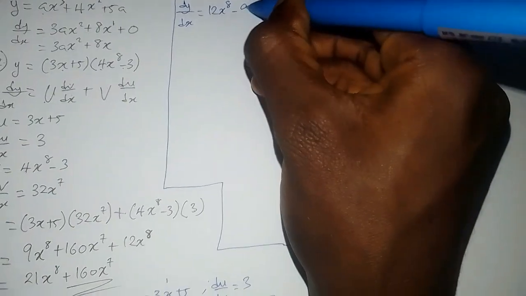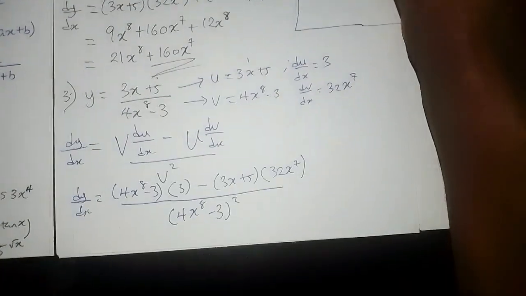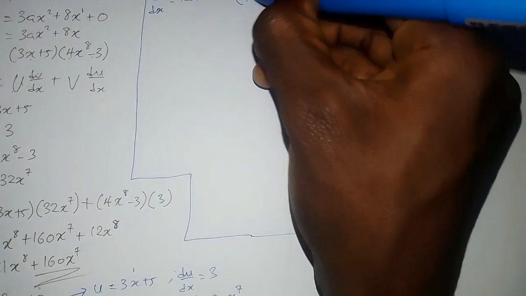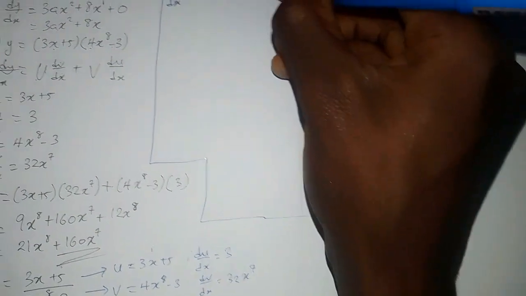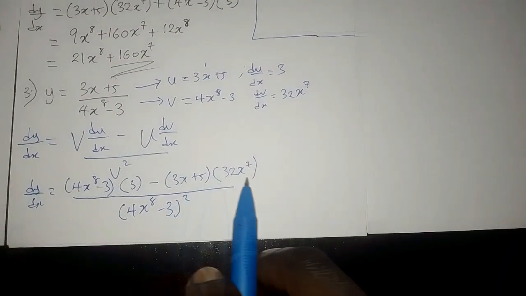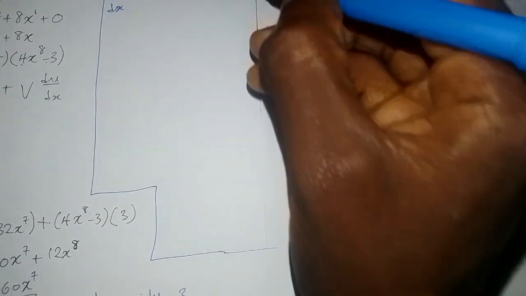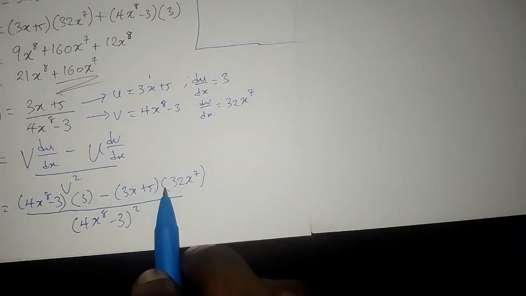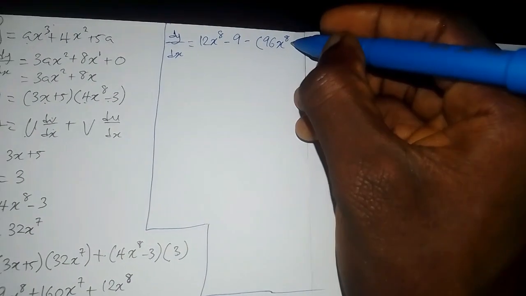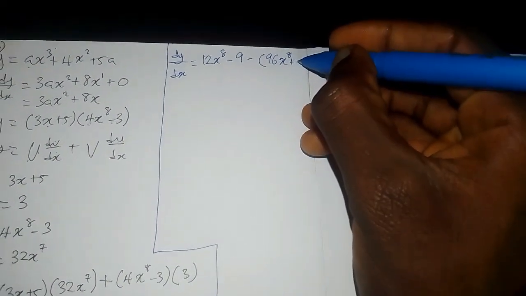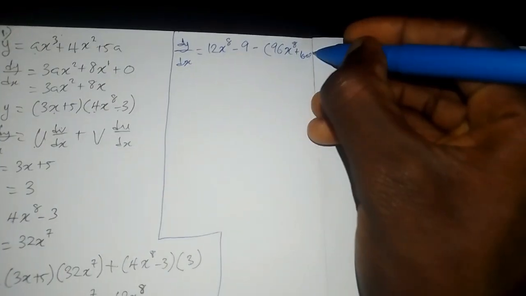Then keep this minus in brackets: 32 times 3 is 96x, times x^7 gives 8, so 96x^8. Then the next one is 5 times 32, which is 160, plus 160x^7.